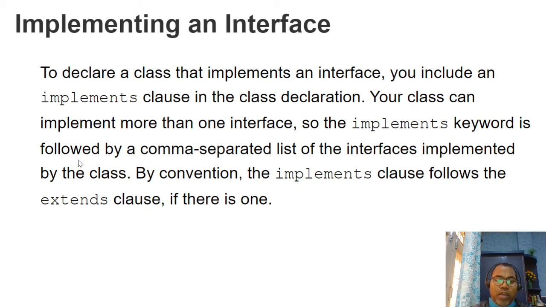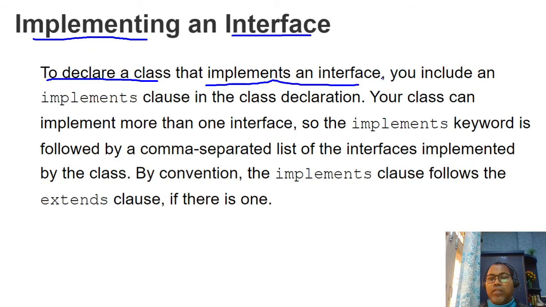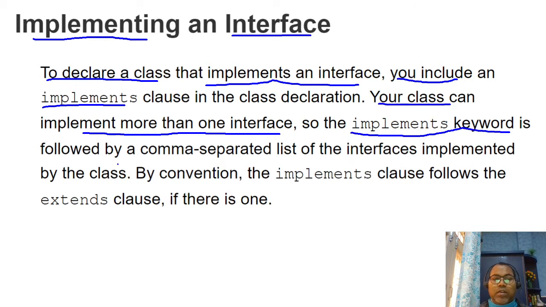Let's say you have defined an interface, and then some class is going to implement this interface. To declare a class that implements an interface, you include the implements keyword. Your class can implement more than one interface. The implements keyword is followed by a comma-separated list of the interfaces to implement.